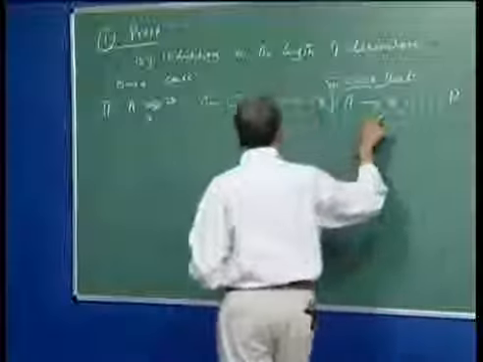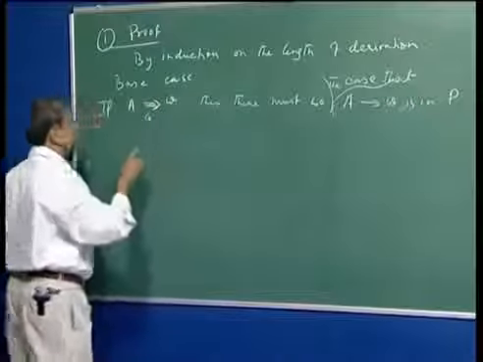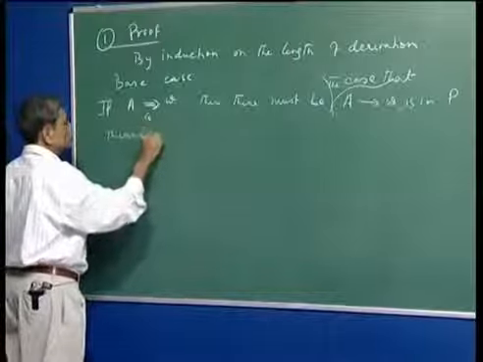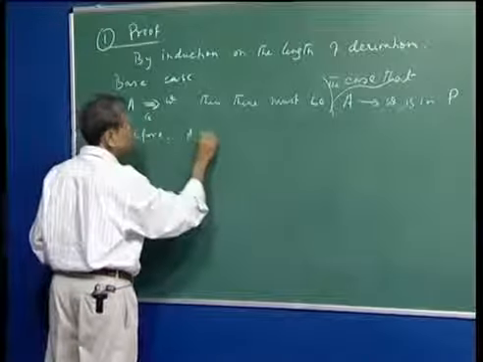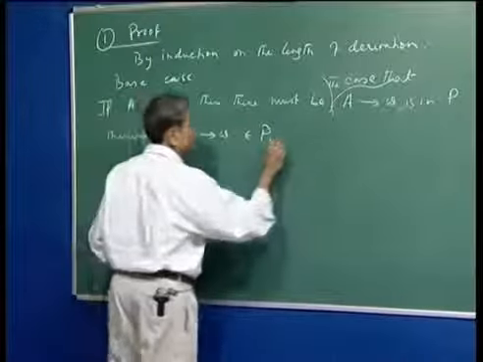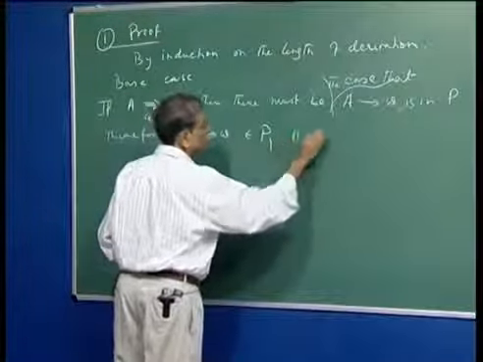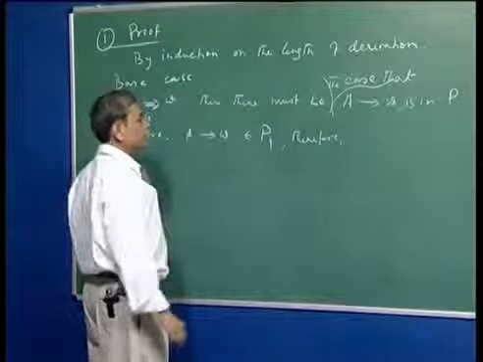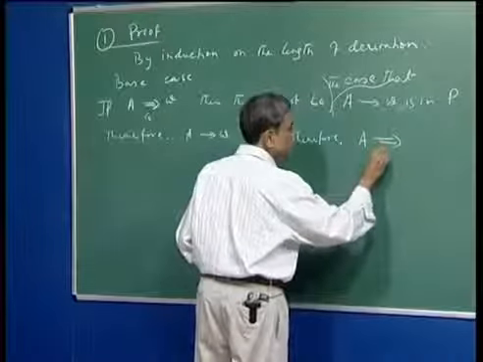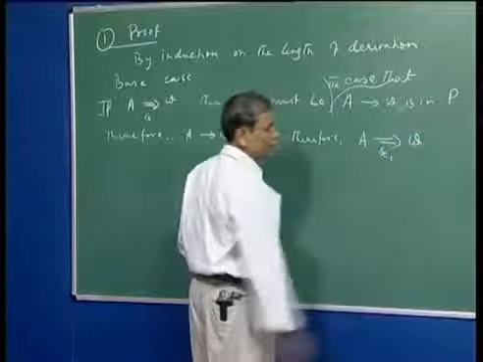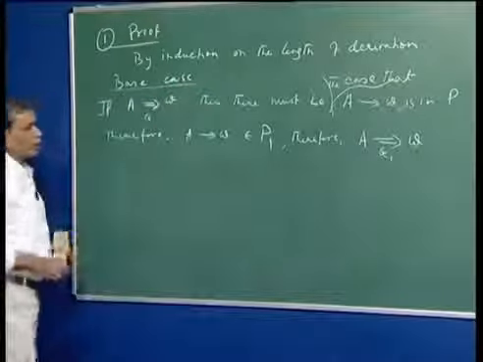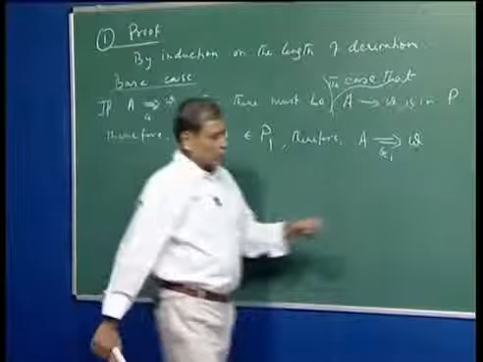So, this particular production would survive for G1 as well. Therefore, A goes to W is in P1 as well, and it means that A in one step derives in G1 the same string W. So, this takes care of the base case for case 1 here.